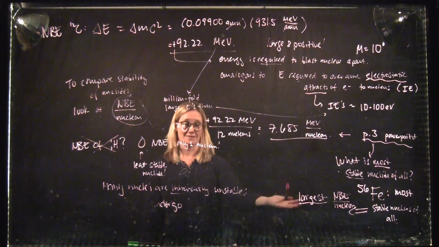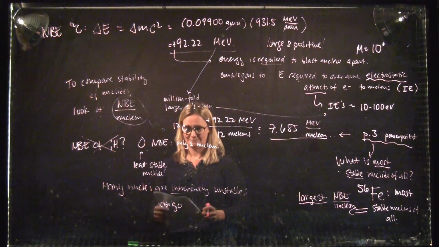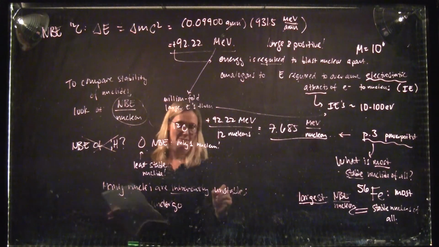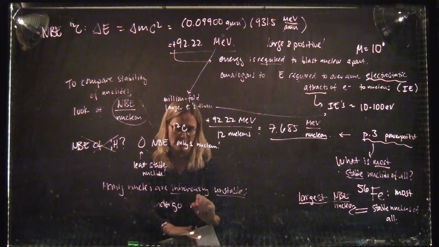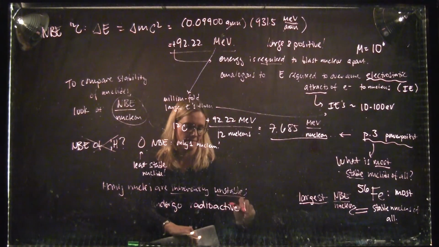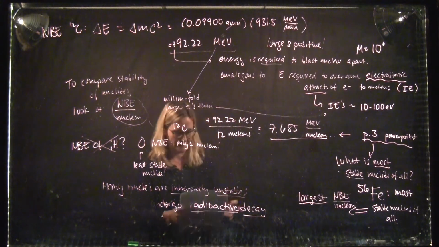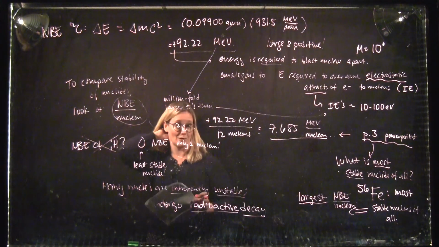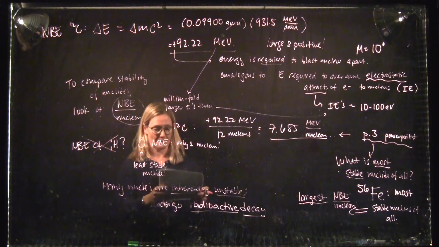So for an inherently unstable nucleus, the way to become more stable, the way to overcome that inherent instability and fall down to a more stable state is to undergo radioactive decay. So you can undergo radioactive decay to transform from a less stable nuclide into a more stable nuclide.